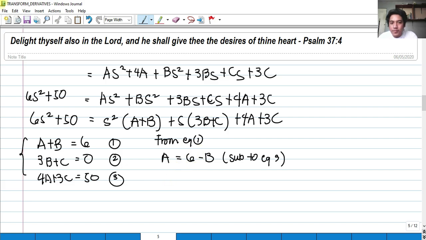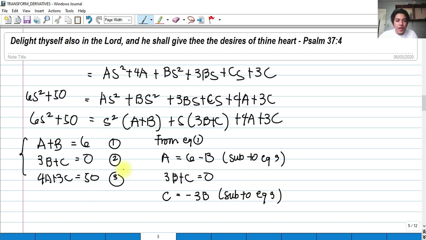For the second equation, from equation 2, we can get that 3b plus c is equal to 0. We can get that in terms of c, so we have c is equal to negative 3b. Substitute also to equation 3.